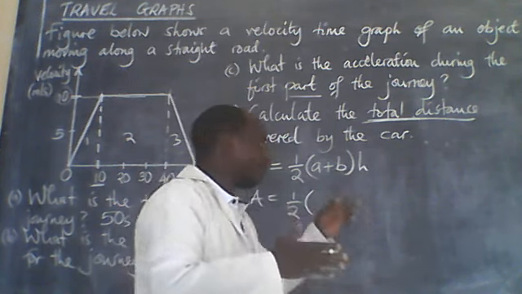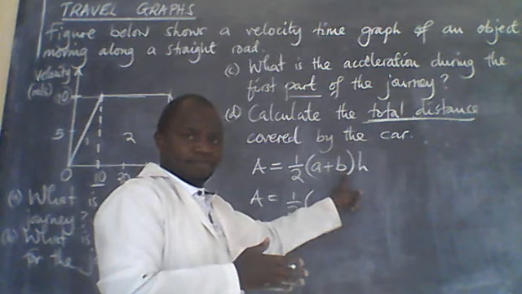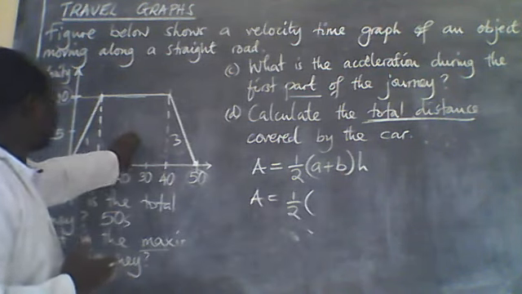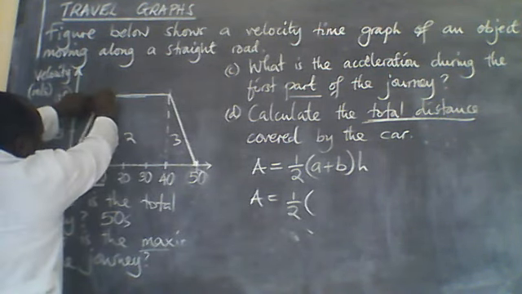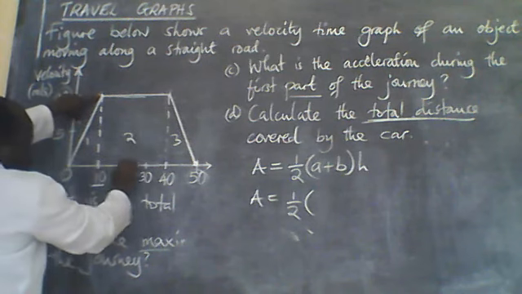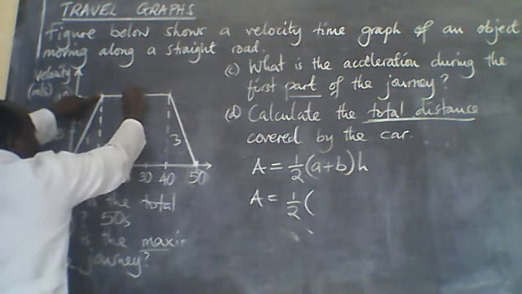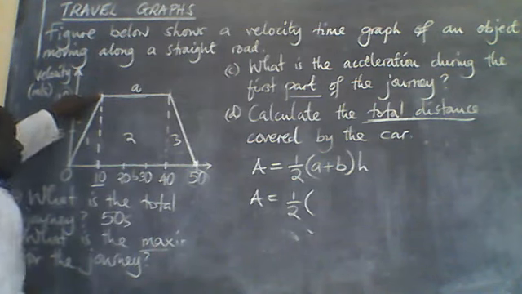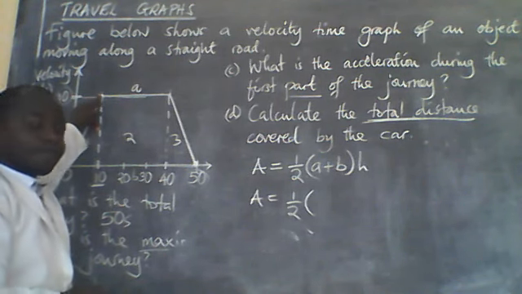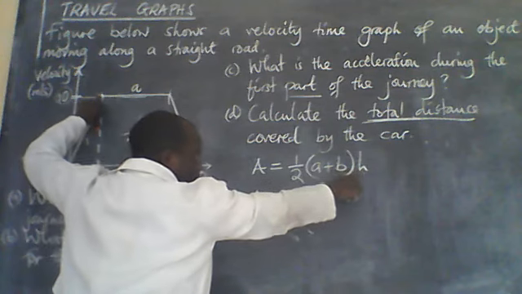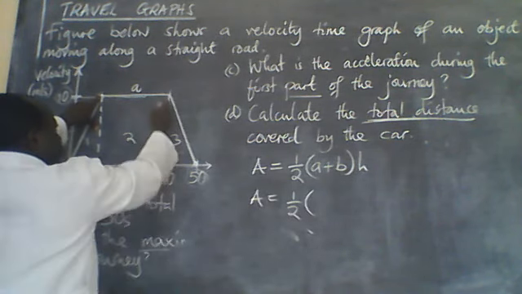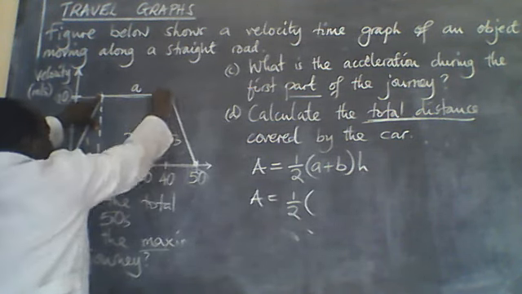Those that are parallel, A and B. That's the meaning. So look at this. We have this line here parallel to this. So this is where A and B is. So this can be A, this can be your B. Then the H here is for the height, meaning from this to that.